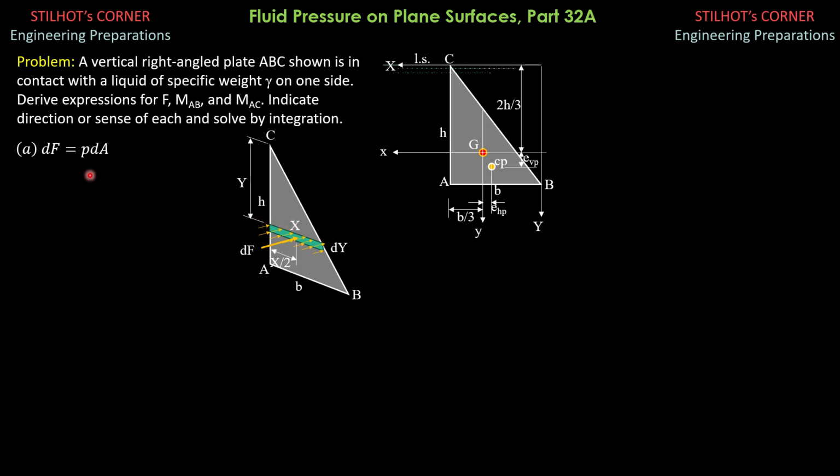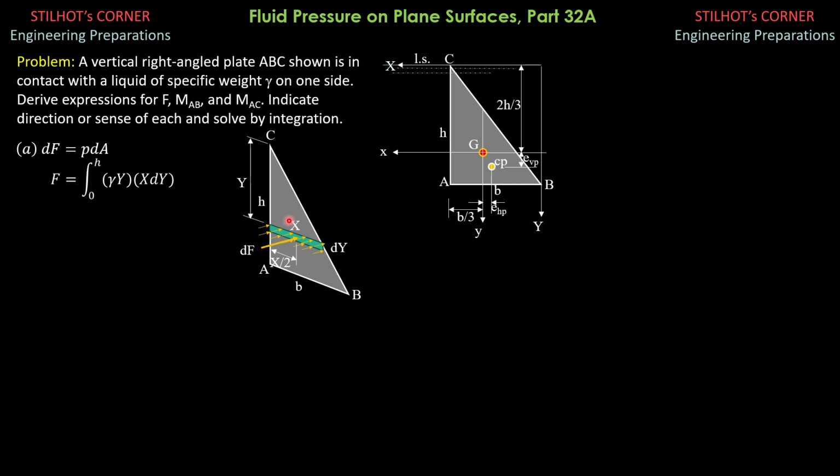The pressure is the specific weight of the liquid times the vertical distance to the point. Since all points on this horizontal strip are equidistant from the liquid surface, capital Y, F is the integral of pressure, gamma big Y, times dA, which is big X dy.